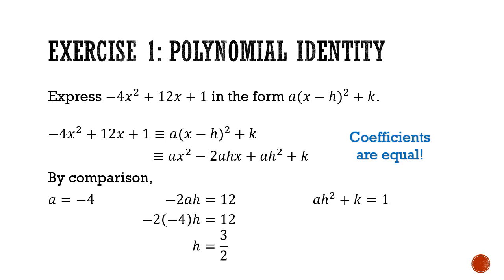Since we know that a is negative 4, I can solve for h to be 3 over 2, and I can solve for k by substituting a equals negative 4 and h equals 3 over 2 to get k equals 10. And this is exactly the same result that we got from completing the square. You might find this method a little more reliable than the completing the square method.